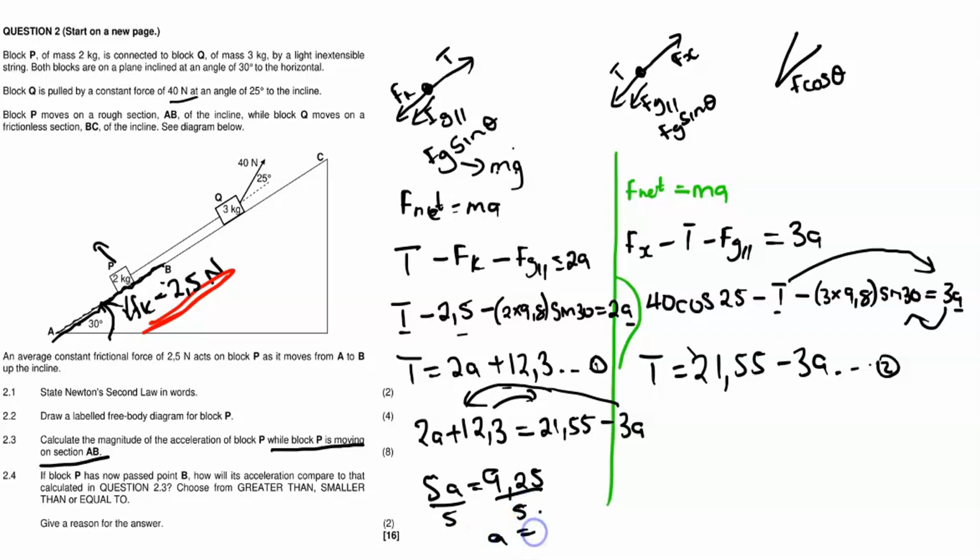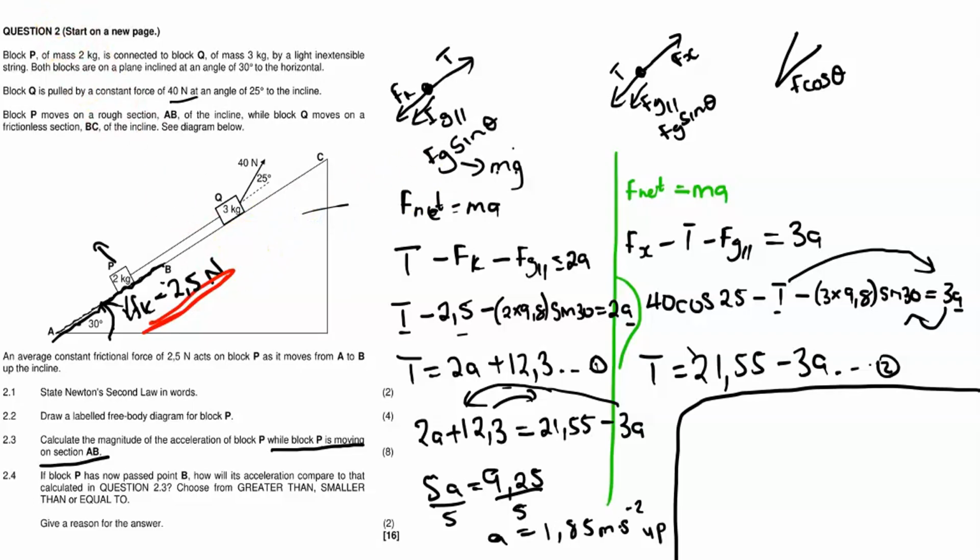Your a is equal to 9.25 divided by 5, which gives you 1.85 meters per second squared up the incline, since the answer is positive. So that is how you do your 2.3.